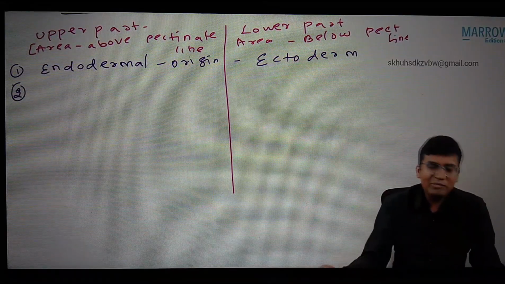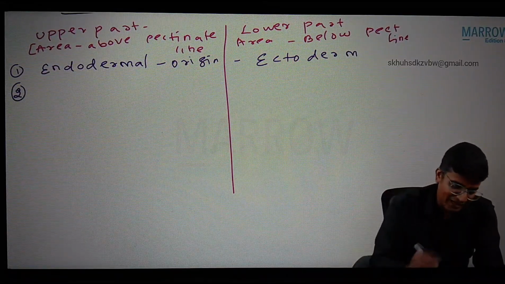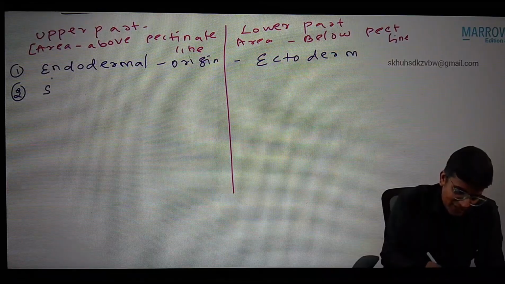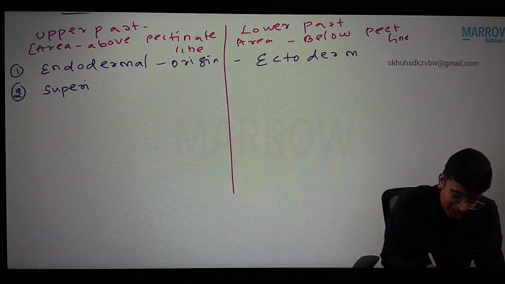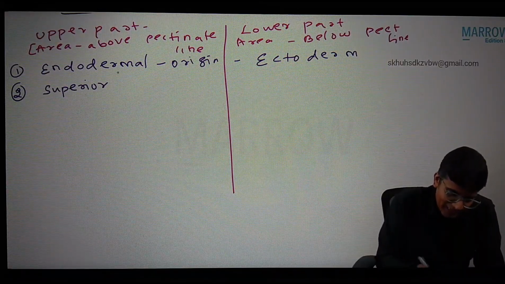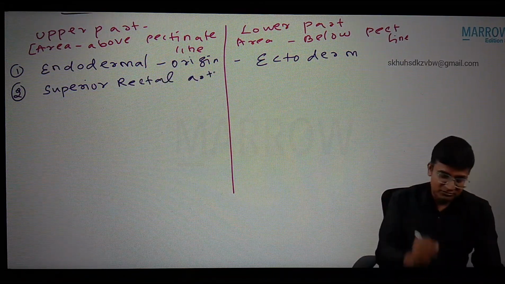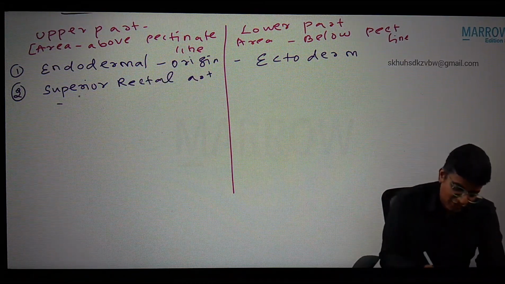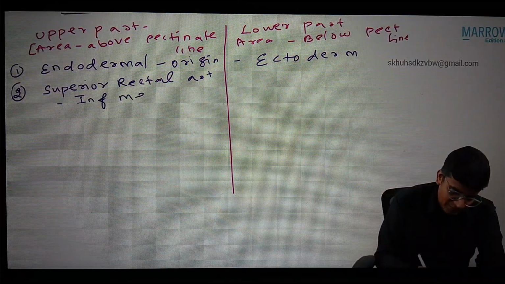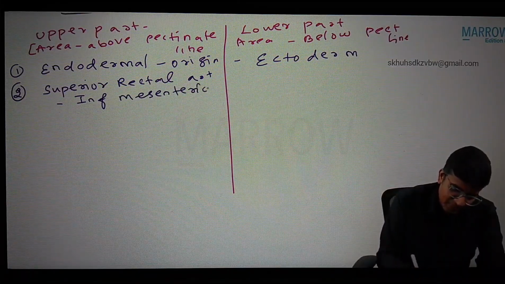Number 2, the upper part of the anal canal is supplied by the superior rectal artery. The area above the pectinate line is supplied by the superior rectal artery, which is a continuation of the inferior mesenteric artery.